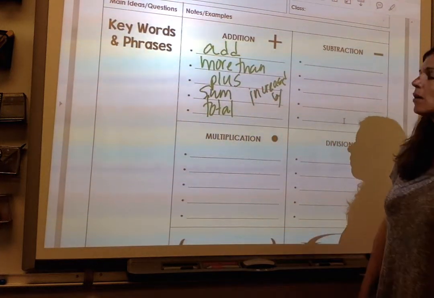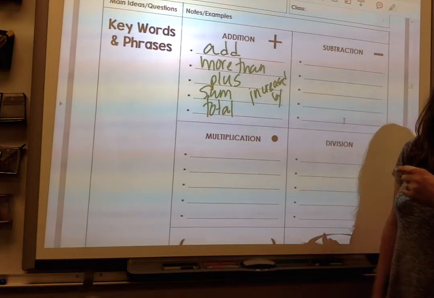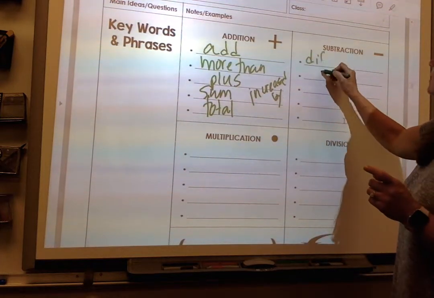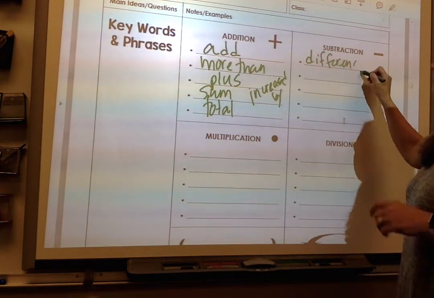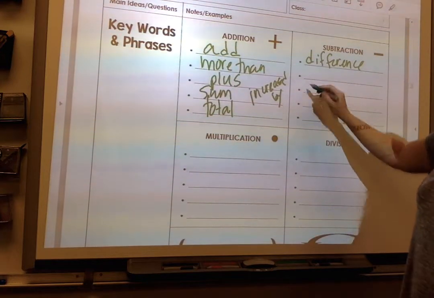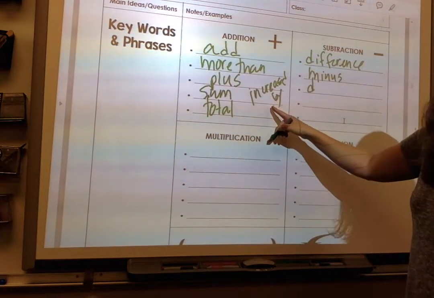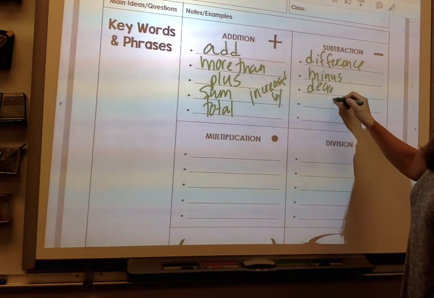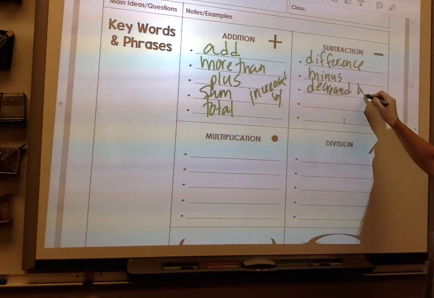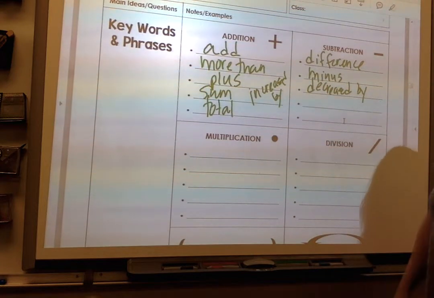So when you think about subtraction, the big one you hear is difference. We have minus. If this is increased by for addition, we can do decreased by for subtraction.